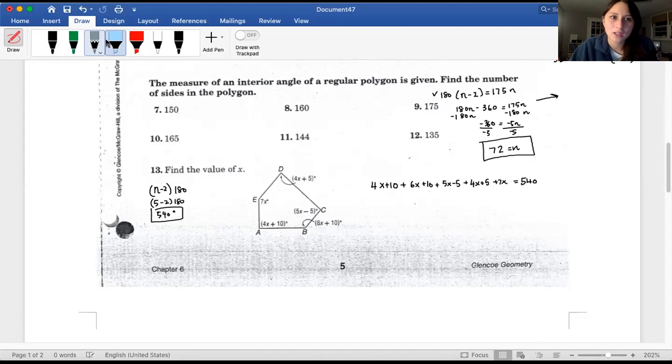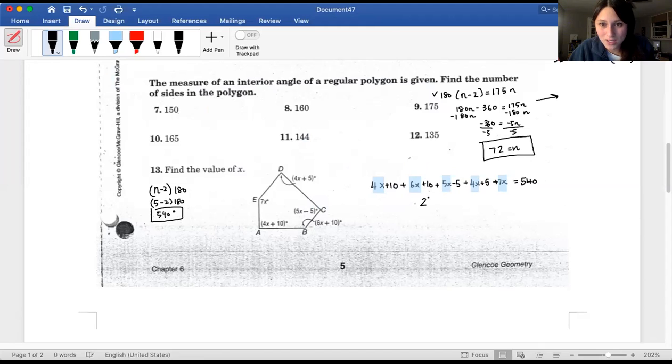Now let's combine our like terms. I'm going to highlight my x values, okay? And then I'm going to combine those together. So I've got 4x plus 6x, that's 10x. 10x plus 5x is 15x. 15x plus 4x is 19x. 19x plus 7x is 26x.